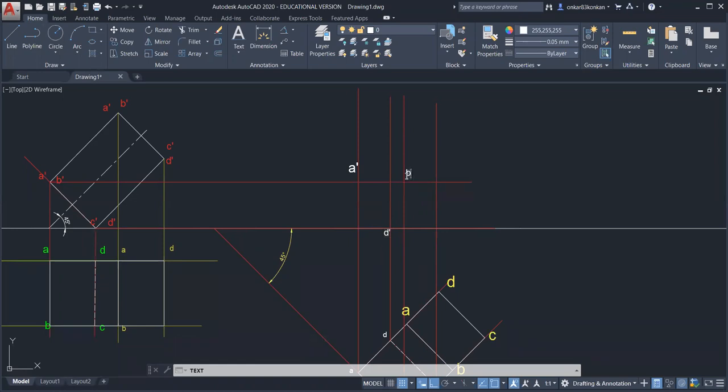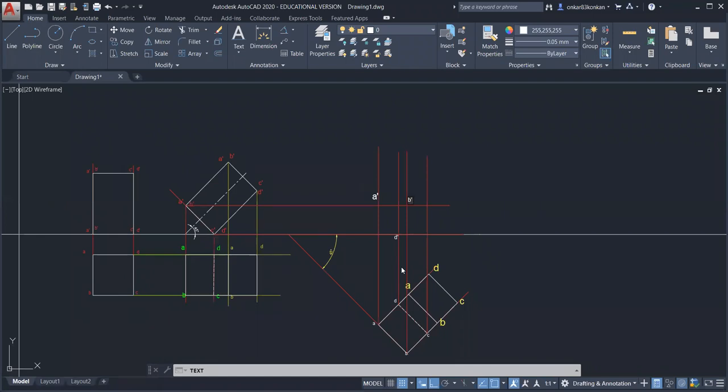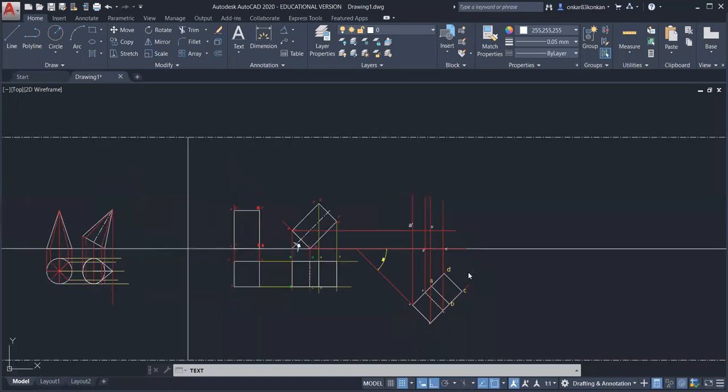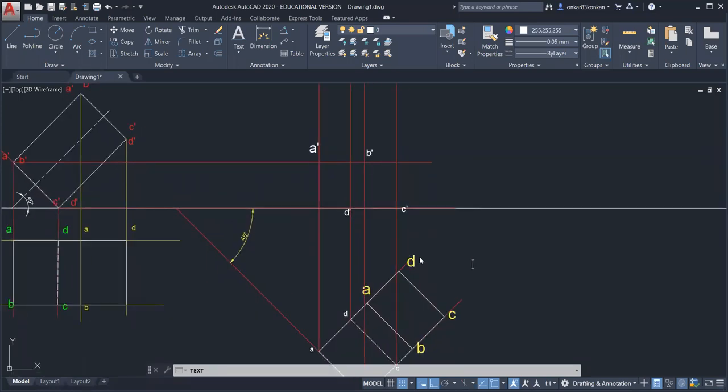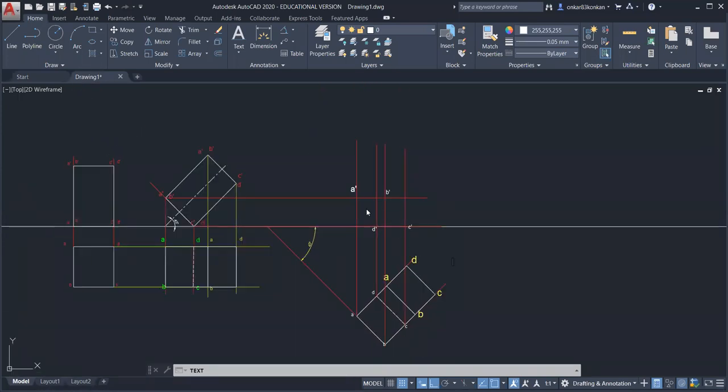This is a B dash point. And this is the C dash point. In this way you can find out the location for A dash, B dash, C dash, and D dash in the front view.